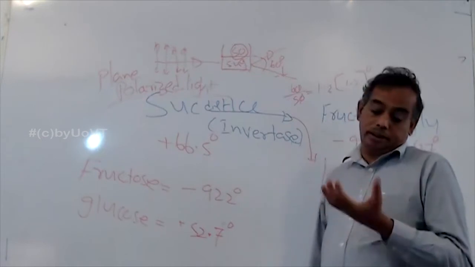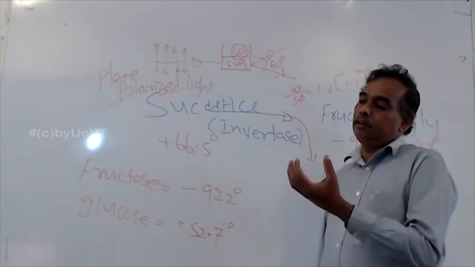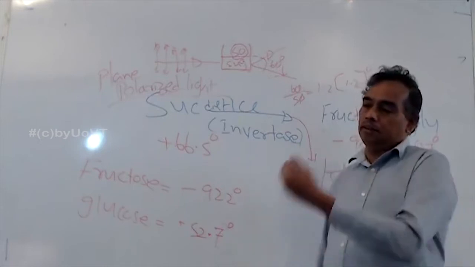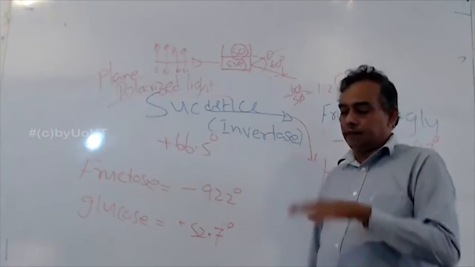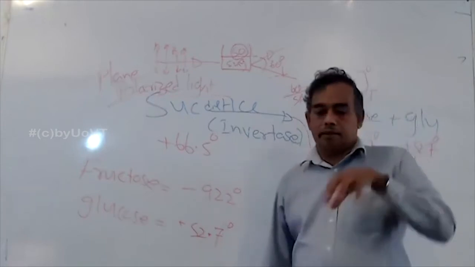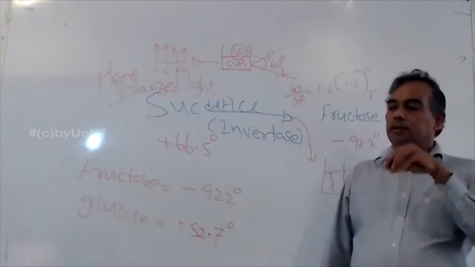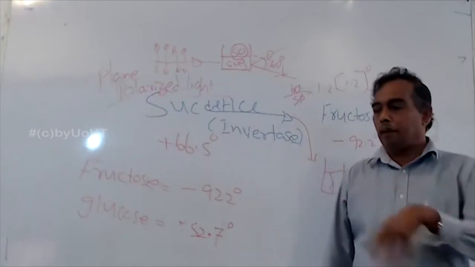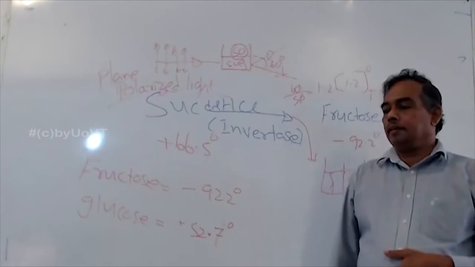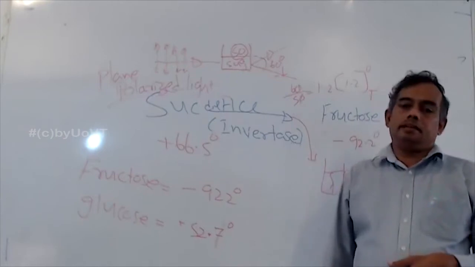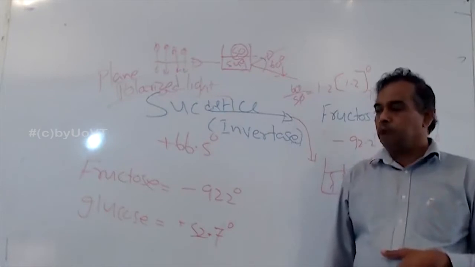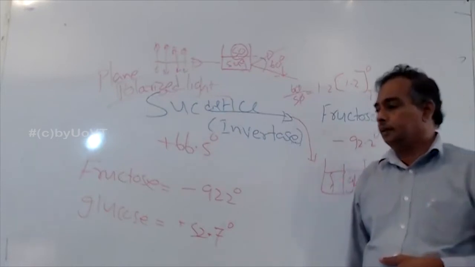Now the solution contains a fructose and glucose mixture. You can't say that is fructose and that is glucose separately. In the mixture, both molecules are distributed here and there. So is the specific rotation negative or positive? At least you can think about that.